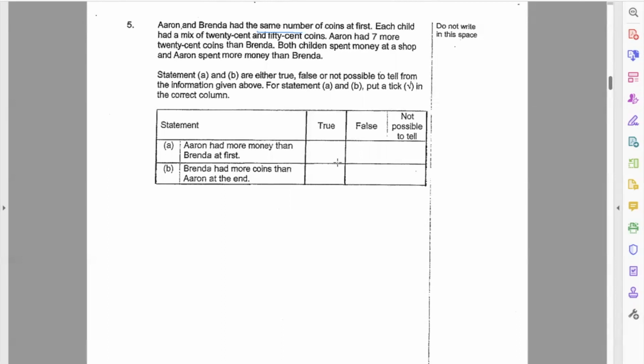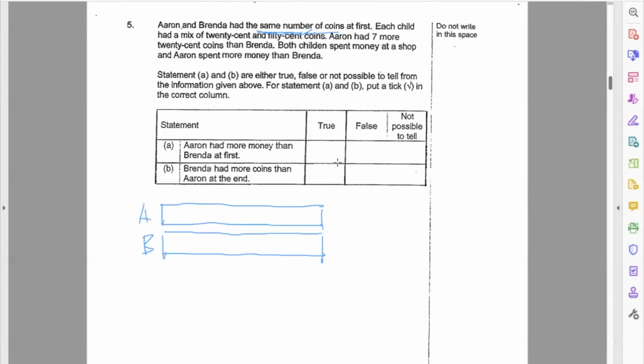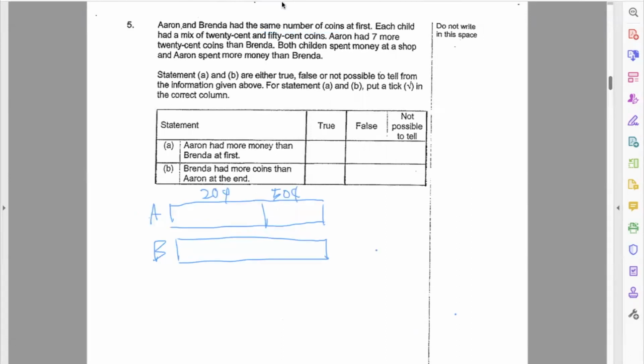Since they have the same number of coins, I'm going to draw the same bar for both of them. That was a slight technical issue. Some of the things I drew weren't reflected, so I'm going to update my drawing.